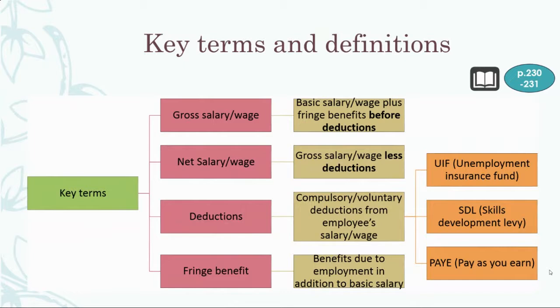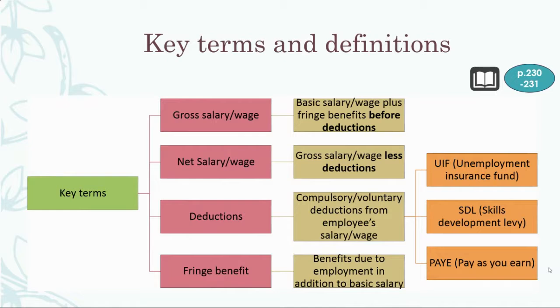It might be a cell phone, it might be a laptop, it might be where your employer contributes to your medical aid or to your pension fund. That is a benefit. Now, the term fringe benefits comes from the tax side of things, and that is why we have to do it in that category, so that when we do the tax calculations for your taxable earnings, some of the fringe benefits do not have 100% inclusion, but rather 80% inclusion based on the current tax practices.